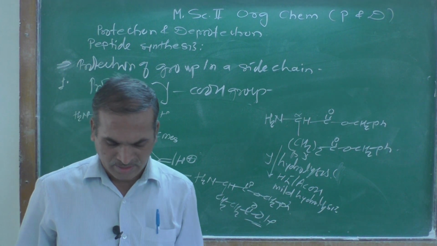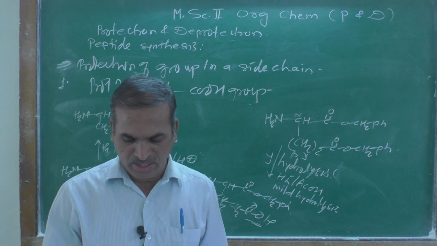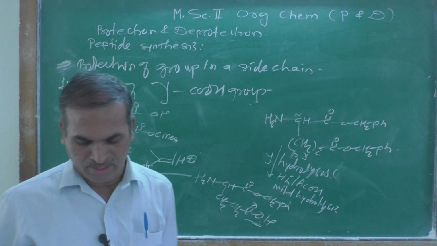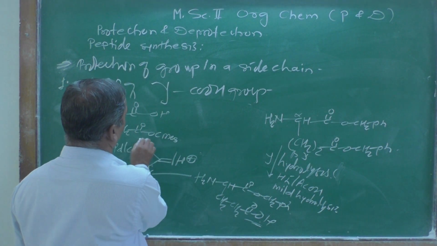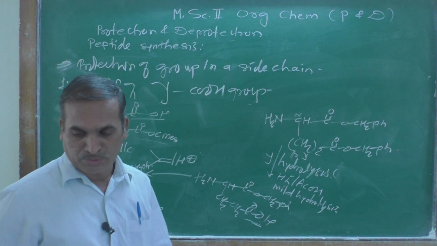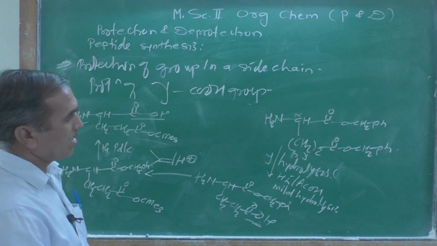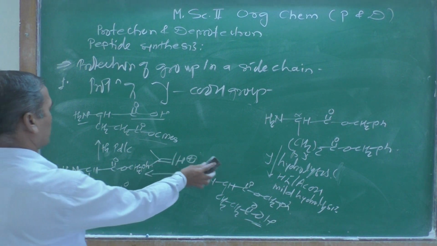Selectively, the gamma residue is protected in this way. We have protected this, and now the COOH group and NH2 group are free, so you can carry out the reaction with the other peptide and we will get the desired product.